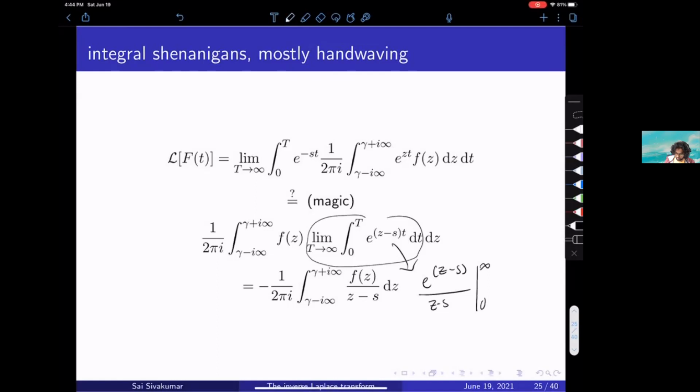We're doing it over t. So if you remember, the real part of s is going to be bigger than the real part of z. So if you take this thing to infinity, this thing will shrink away. So then we get, what?